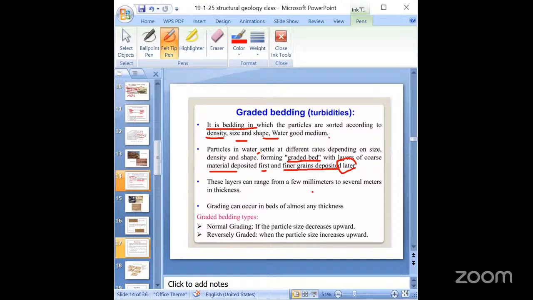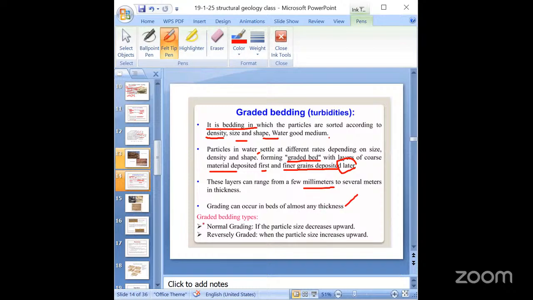These layers can range from a few millimeters or centimeters to several meters. So grading can occur in beds of almost any thickness.